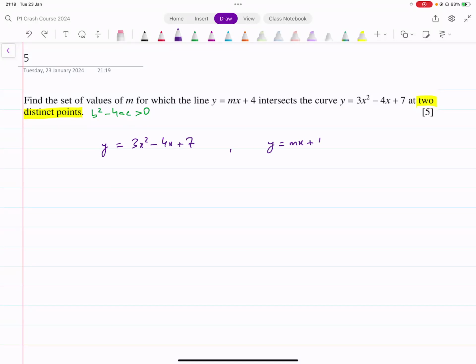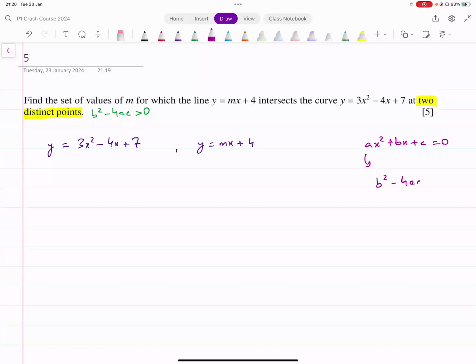Remember, how do we start? The first thing we have to do is equate these two functions and then convert them to a form like ax squared plus bx plus c equal to 0, so that we can find b squared minus 4ac from that. So let's equate the two.